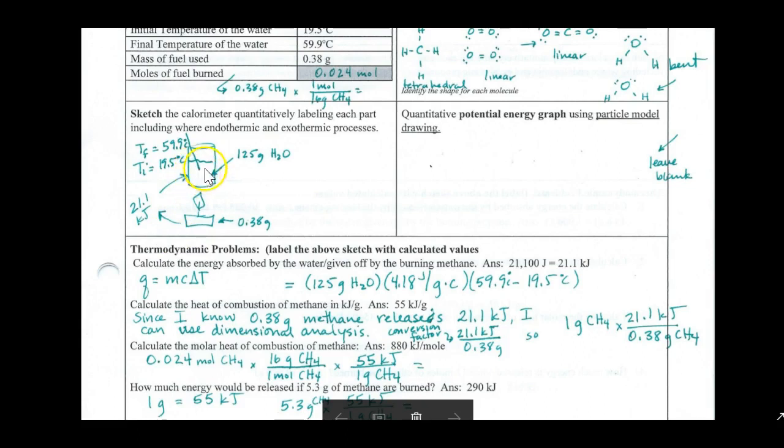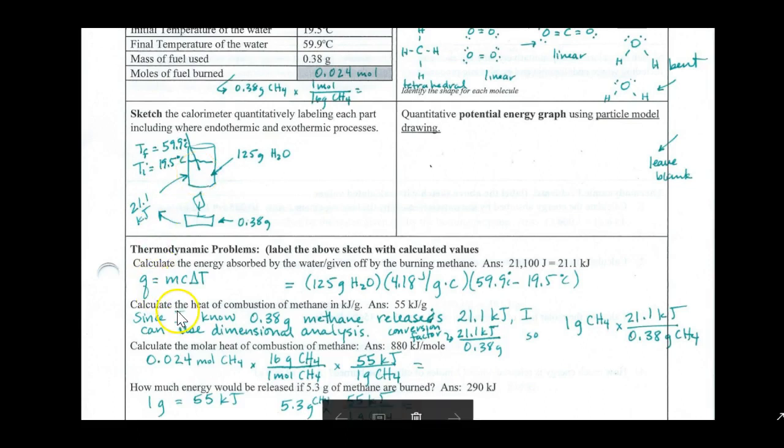So if we can find how much energy went into the water, we can also determine how much energy came out with methane. And using Q equals MC delta T, I was able to determine that it was 21.1 kilojoules of energy that was absorbed by the water through the methane. So 21.1 kilojoules left the methane and got transferred into the water.